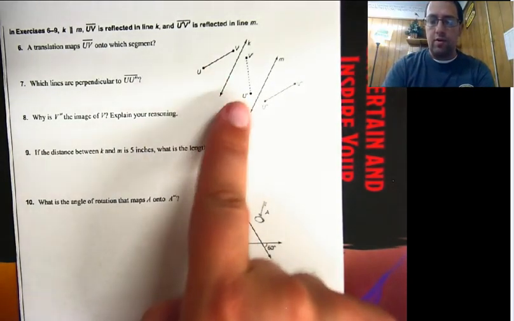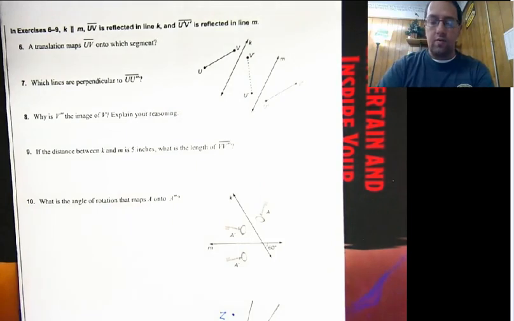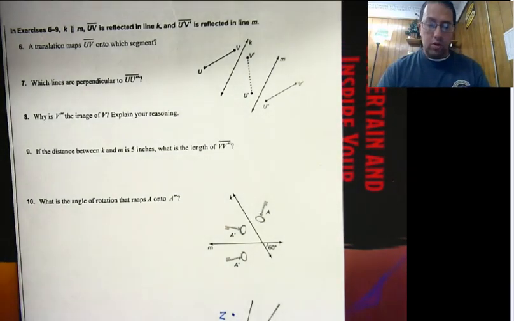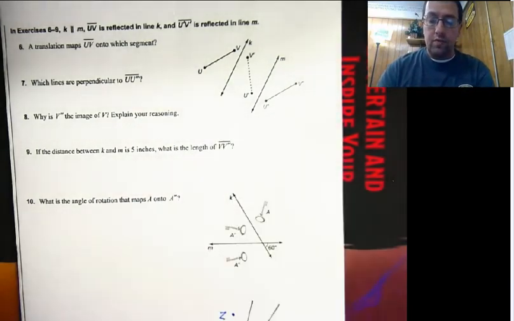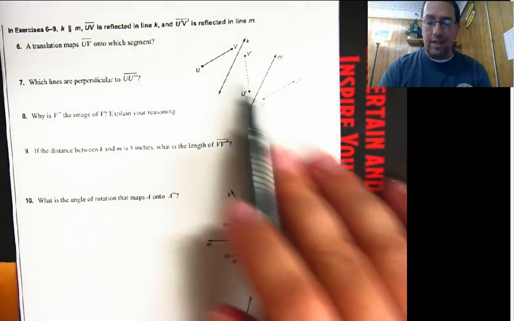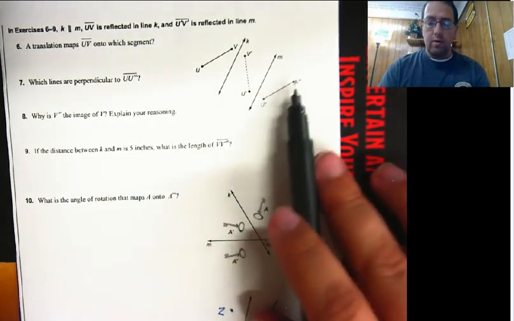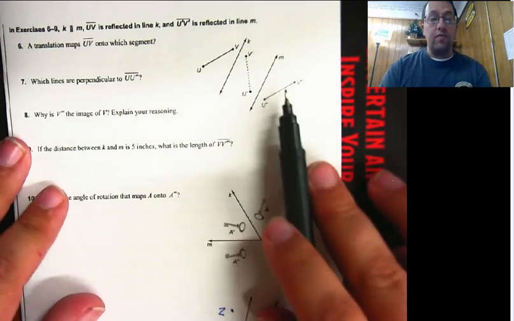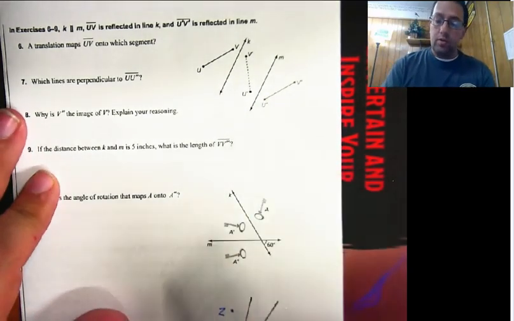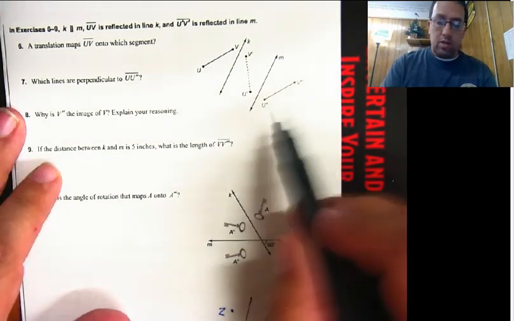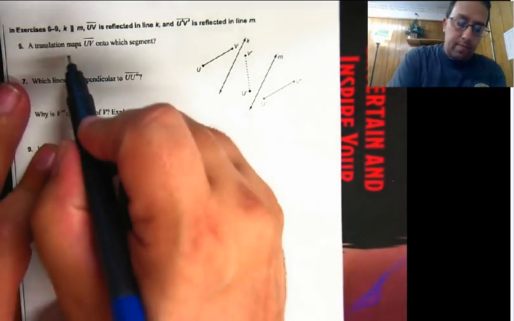We started here, reflected over line K, then we reflected that one over line M. So a translation would map segment UV onto which segment? Well, if I just slid UV over, would it match up with V prime U prime? No, it's facing the wrong direction, right? It's got to go all the way over to the reflection of the reflection. So that would be U prime prime, V prime prime.